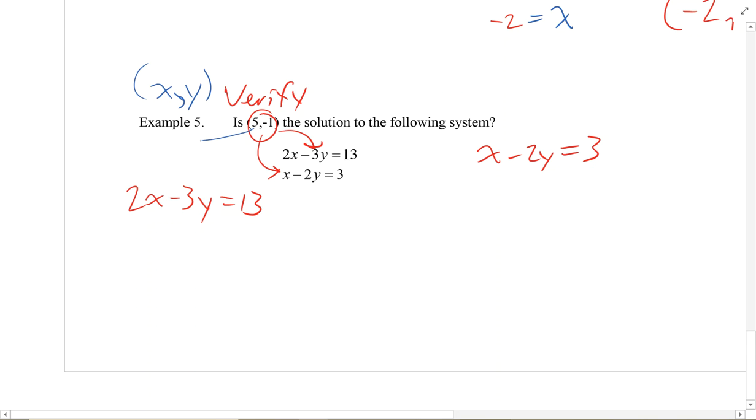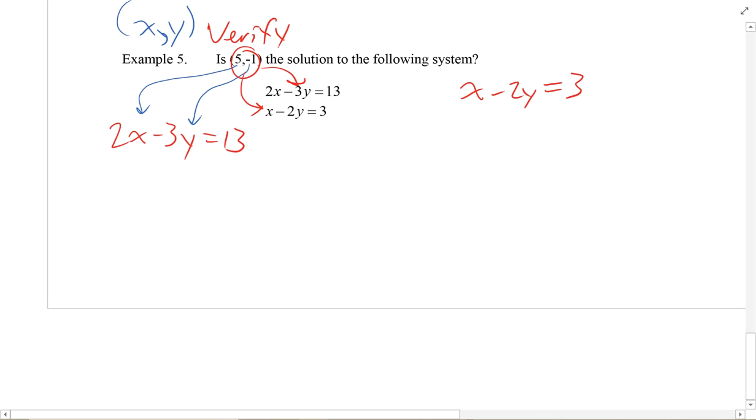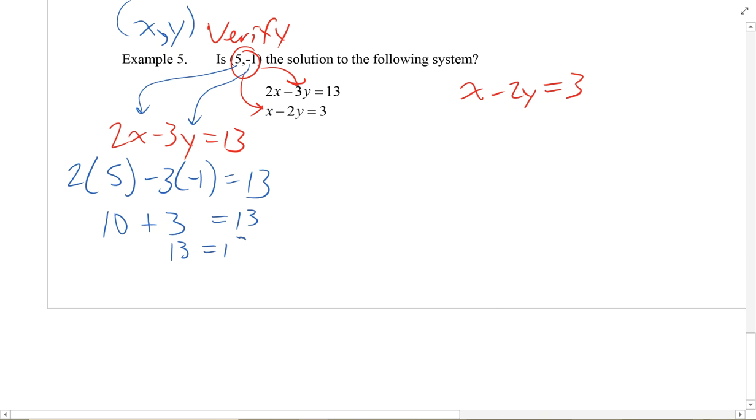So you'll take the 5 and put it in for x. You'll take the negative 1, put it in for y. Go ahead, substitute in, see if left side equals right side. And you actually have to show your work here. I know it's really hard. So right now it looks like it's a solution because your left side equals your right side. So now it's really important that we do our substitutions here correctly. Go for it.